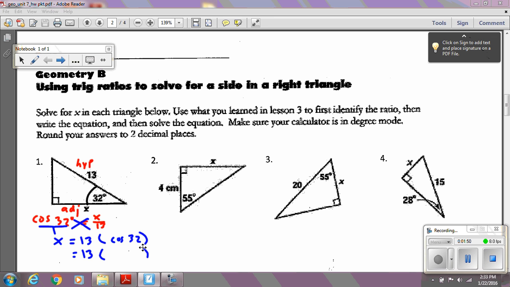Cosine of 32 is 0.8480. Take that and multiply it with 13, and you get x is equal to 11.02. It said to 2 decimal places.